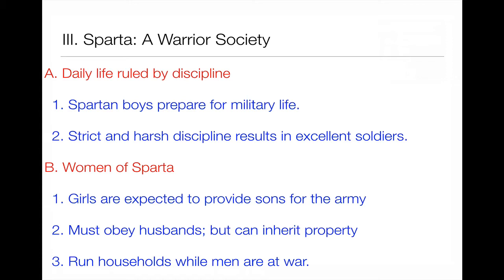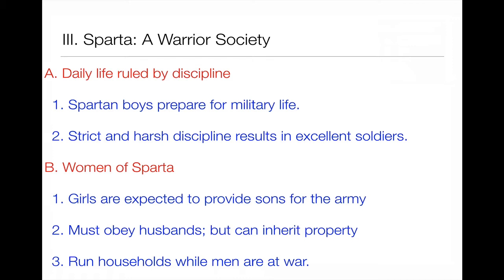And so because of this, the whole society focused on developing the male soldiers. So the role of the women was then seen as different. They weren't expected to do much more than provide healthy, strong sons for the army. And don't get me wrong, the women of Sparta were very strong themselves. They had to be to do this because within Spartan society, they felt that if a child had a defect of any kind at birth, then that child would be left for dead, basically.